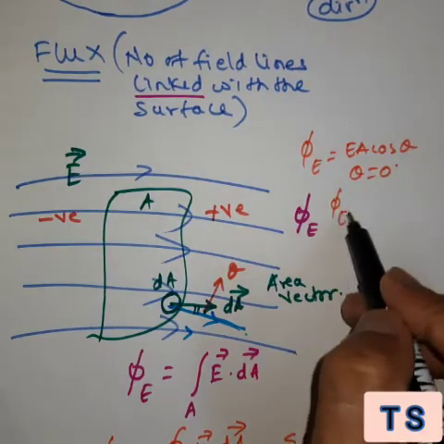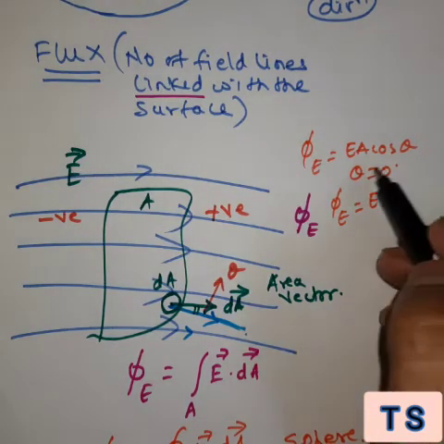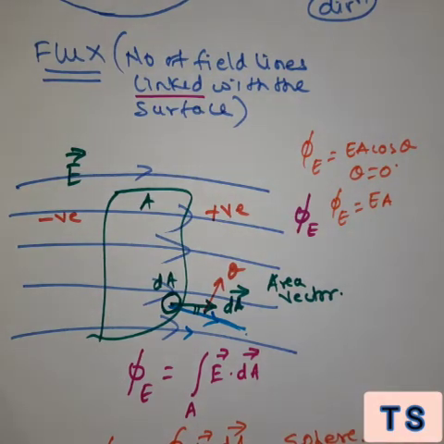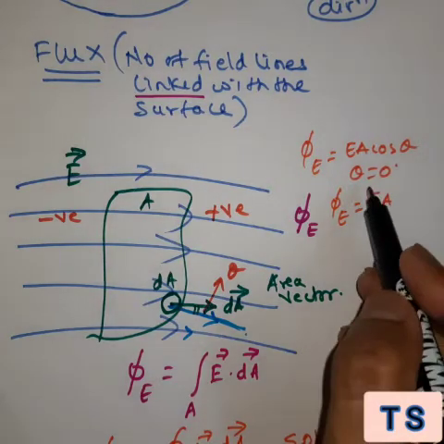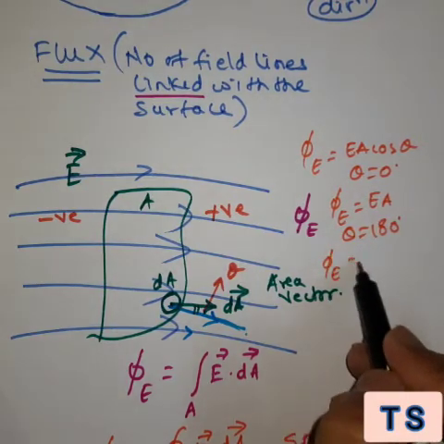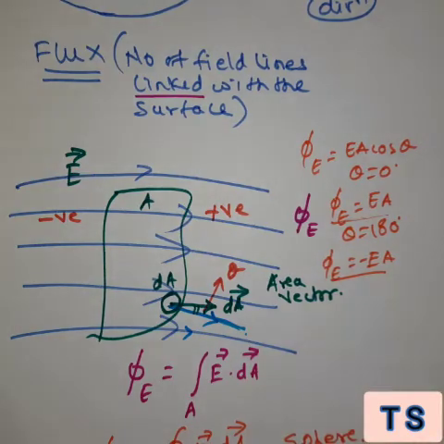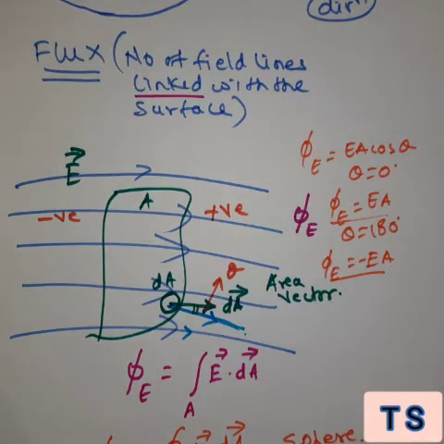So what will be the value of phi E? Phi E will be equal to EA, because cos 0 is 1. So phi E equals EA. If I take theta equals 180 degrees, I get phi E equals minus EA. If I take theta as 90 degrees, my phi E will be equal to 0.